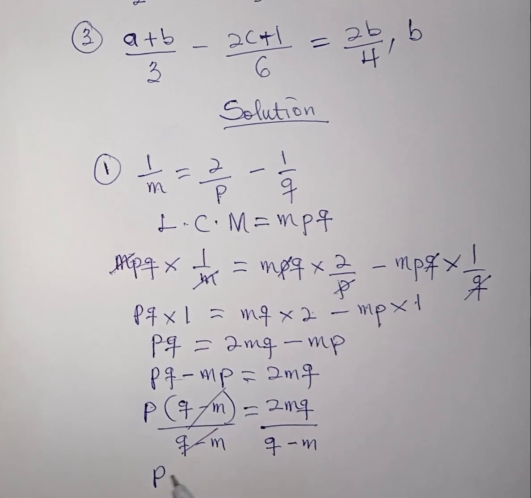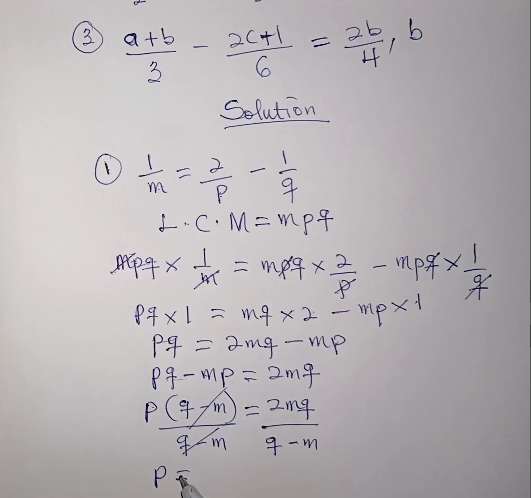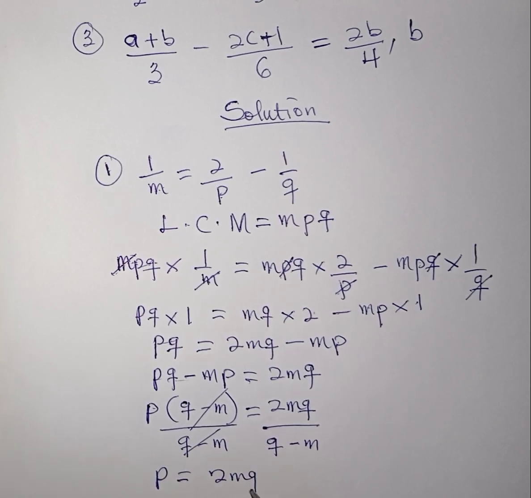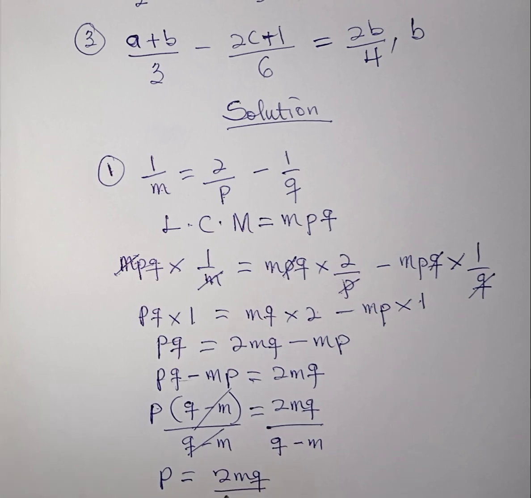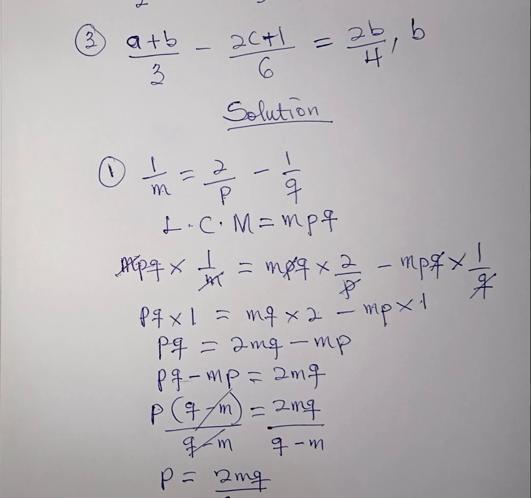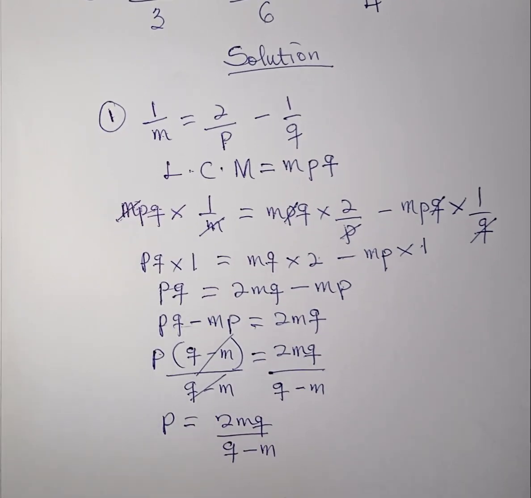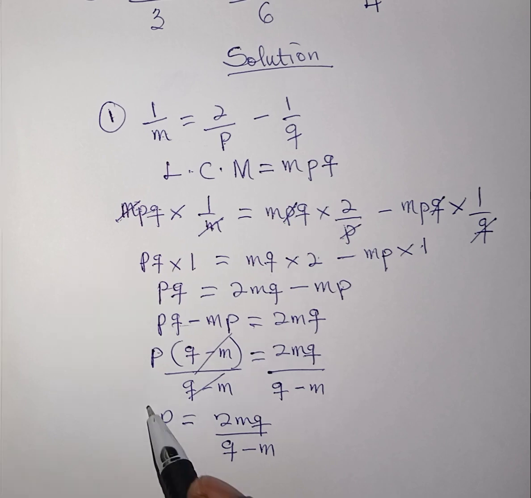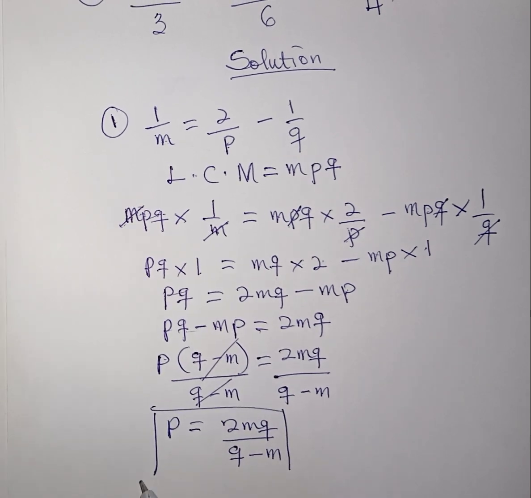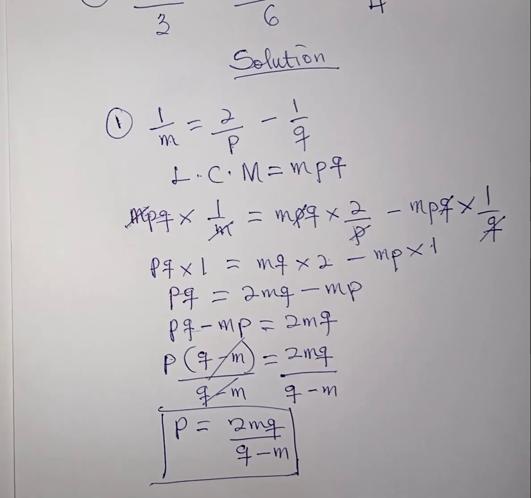Then we have our P expressed in terms of 2MQ, all divided by Q minus M. You see that? Great. So this becomes our answer. That is what the question asks us to do.